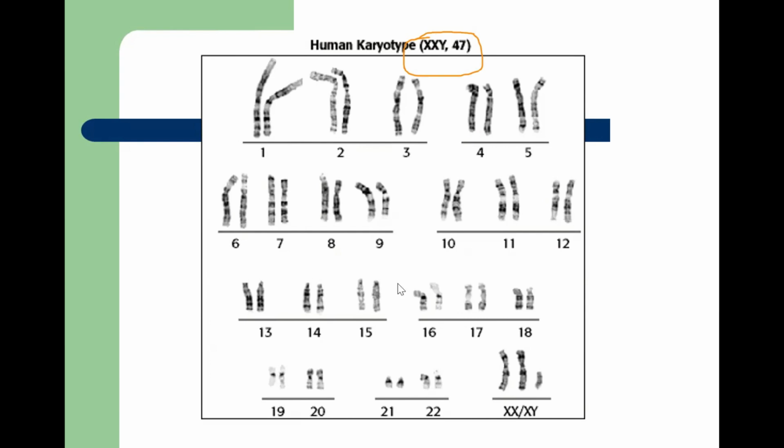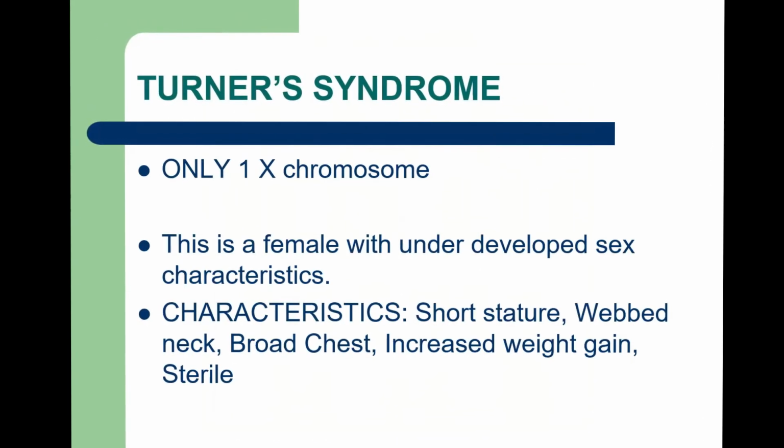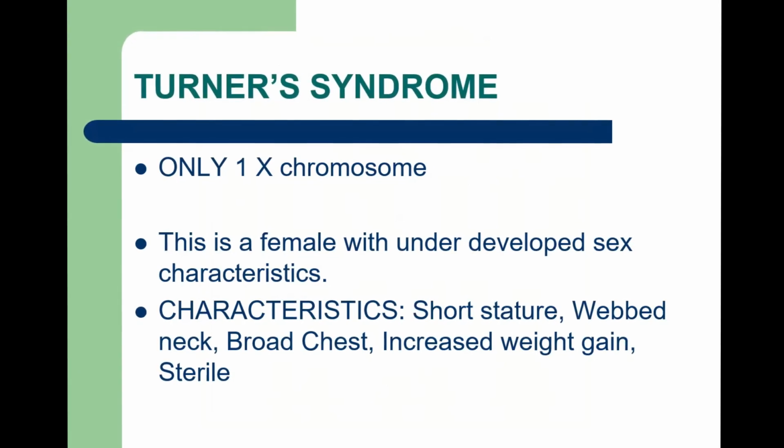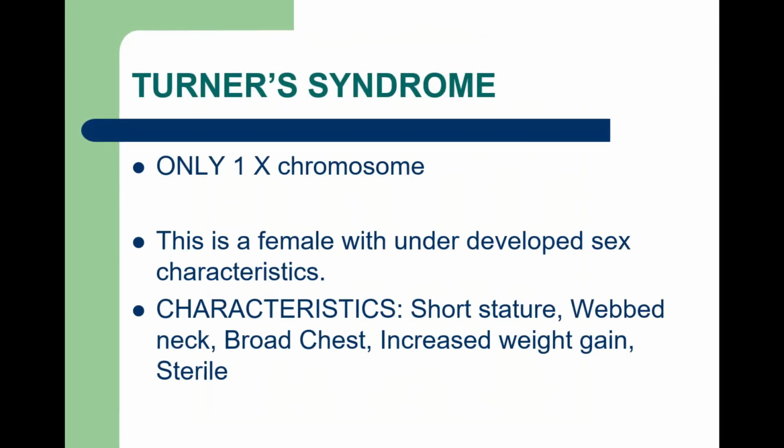The next one that we are going to look at is Turner syndrome, when there is only one X chromosome. So this is a female with underdeveloped sex characteristics. They only have one X chromosome in the case of Turner syndrome.